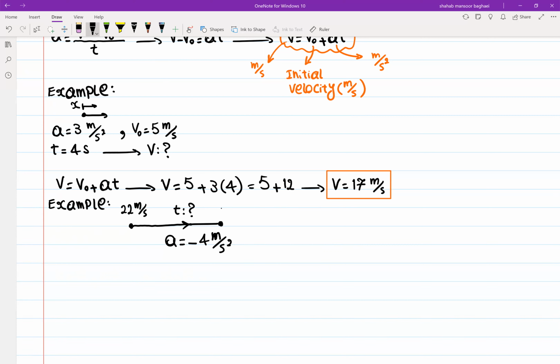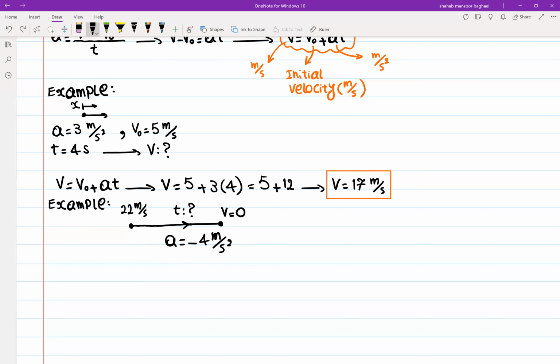I mean, final velocity should be 0. Therefore, how long does it take that the particle will stop? Find this time value in order to satisfy this condition according to this acceleration.